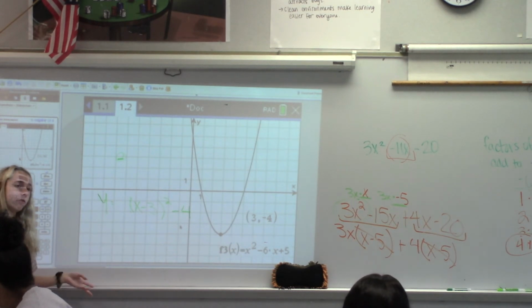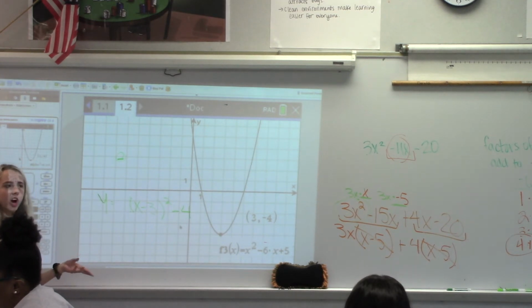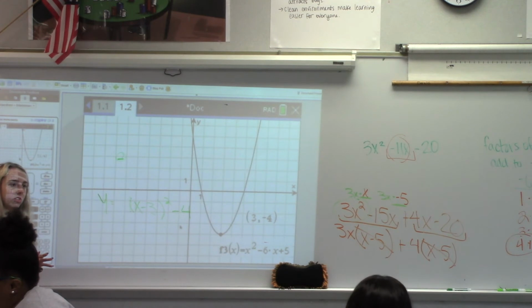So when we're in factored form and you're solving the equation, those x values represent what? If you solve a quadratic that's in factored form, what is it telling you? It's telling you the zeros, right? So those are our solutions. Does that make sense?